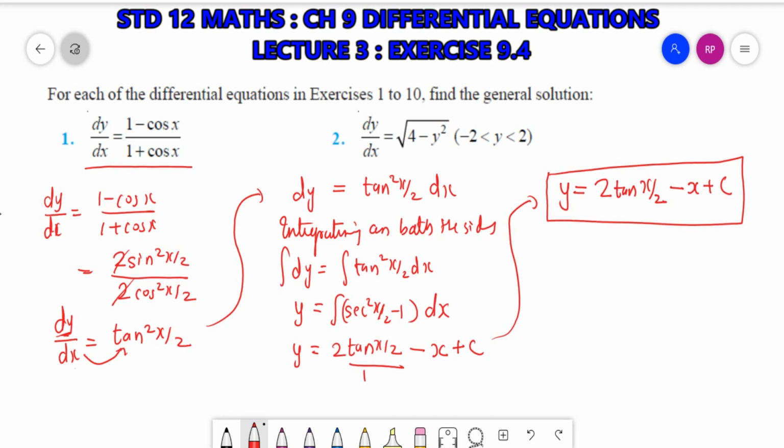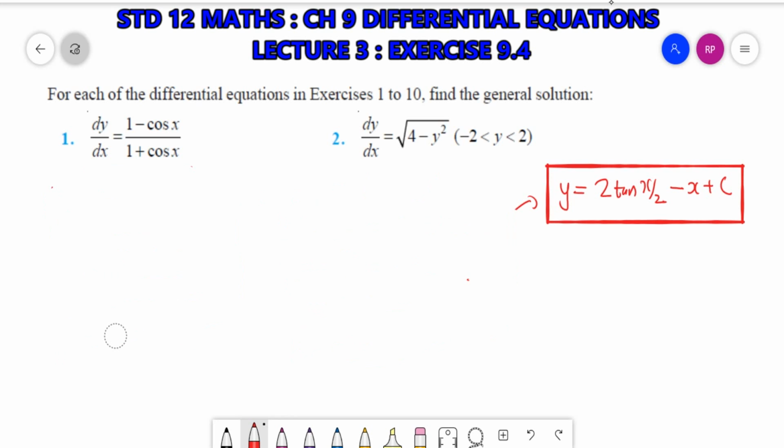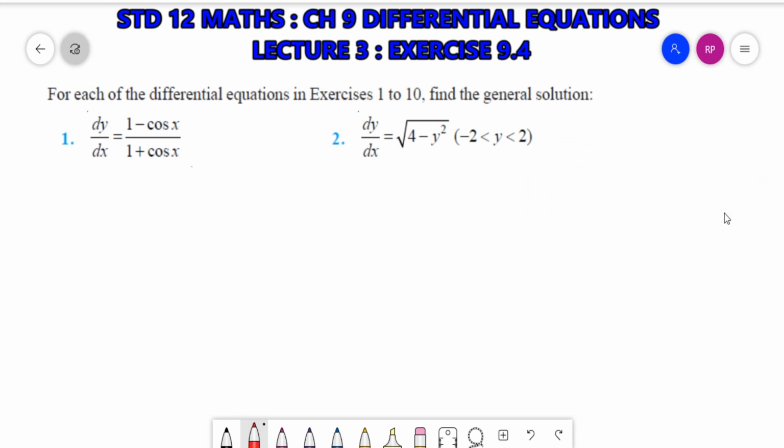Now let's move to the next one, that is question number 2. Question number 2 is dy by dx is equal to root of 4 minus y square.